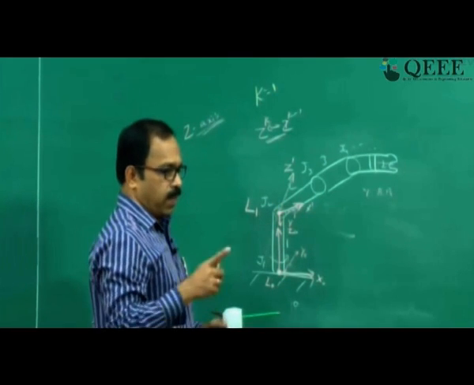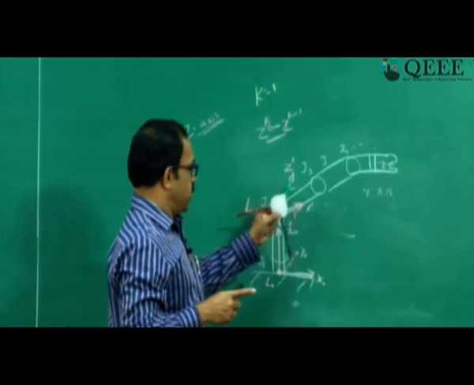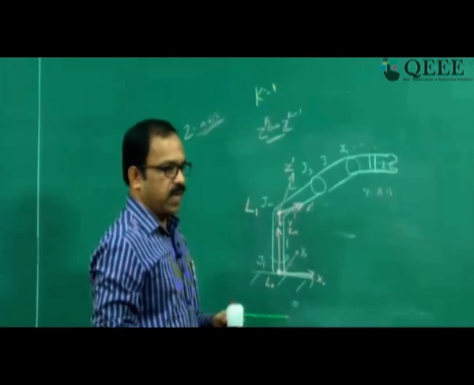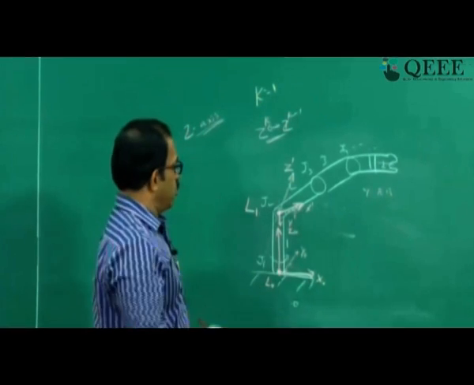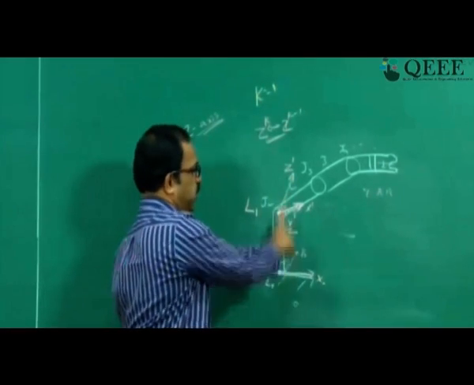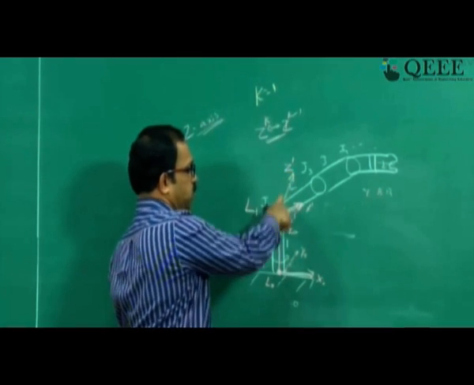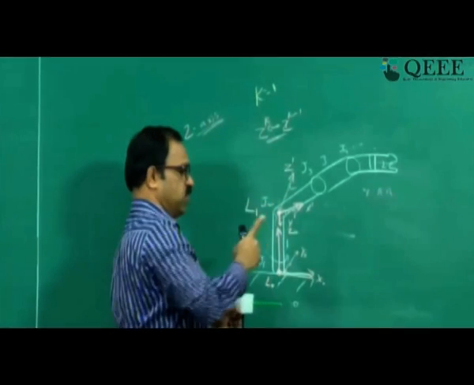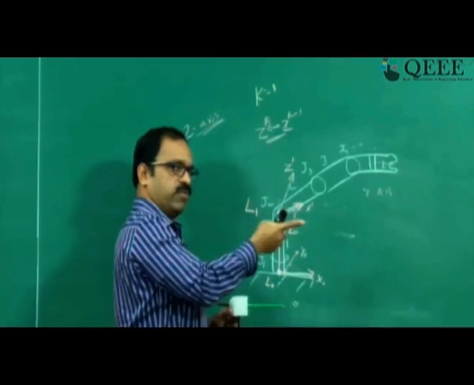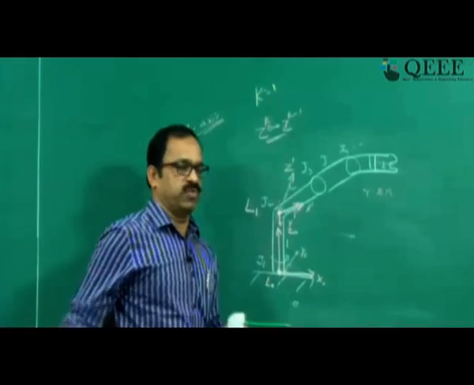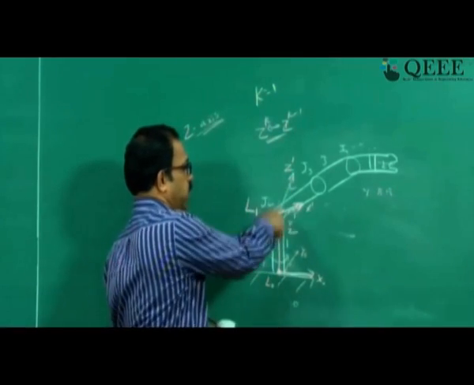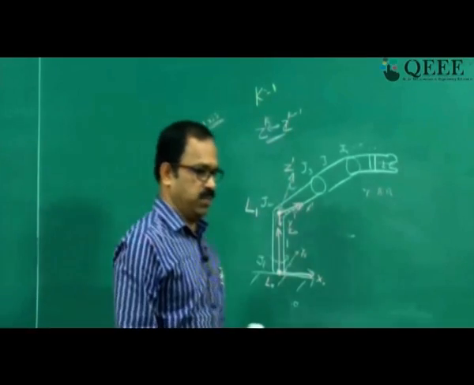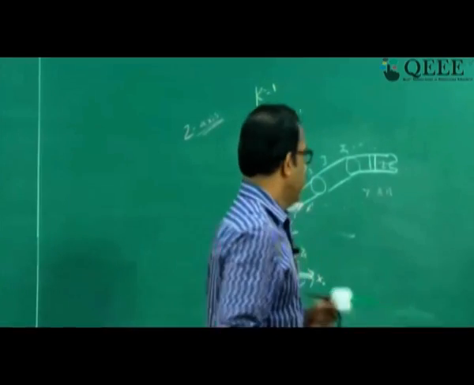Then select Xk to be orthogonal to both Z1 and Z0. As I told you, Z1 is in this direction and Z0 is in this vertical direction, and therefore X will be orthogonal to both of these. So you will be getting the X, Y and Z axes for this origin. So that is the way you do this.